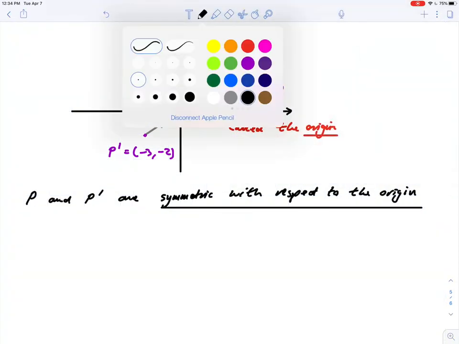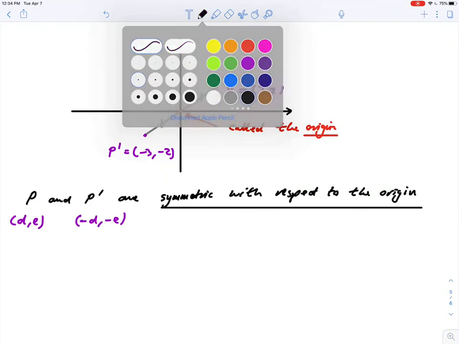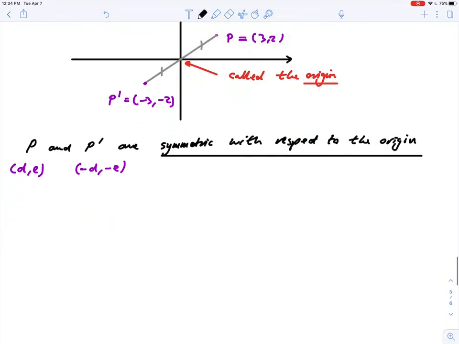Let's get rid of the graph paper. And again, if we're going to do this in terms of coordinates, I would have (d, e), x and y. What happens? Well, we can see here, you just get the negatives. So it's going to be (-d, -e). Okay, so a couple of cool facts here.